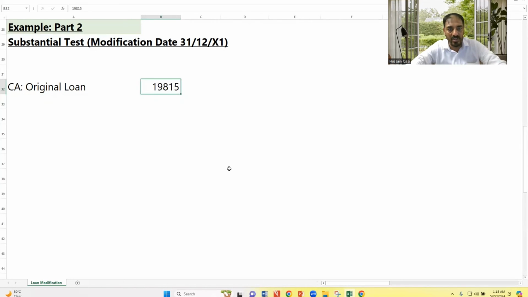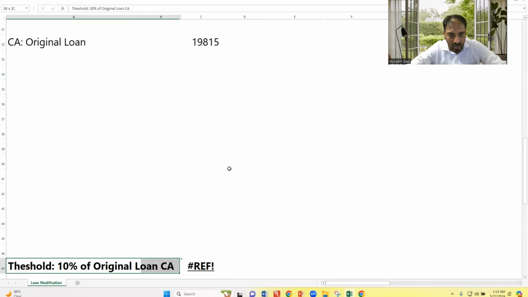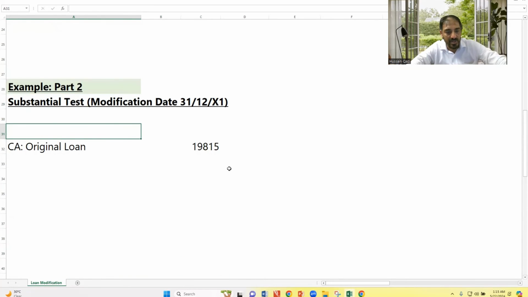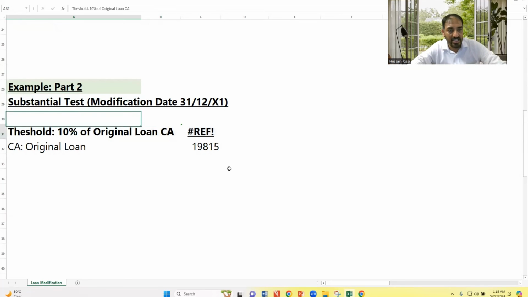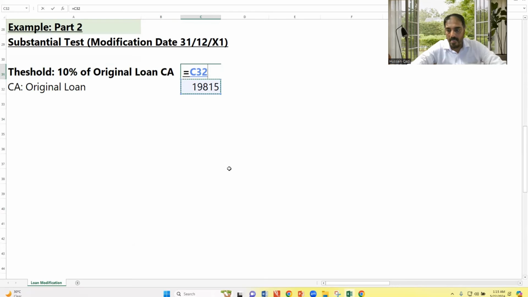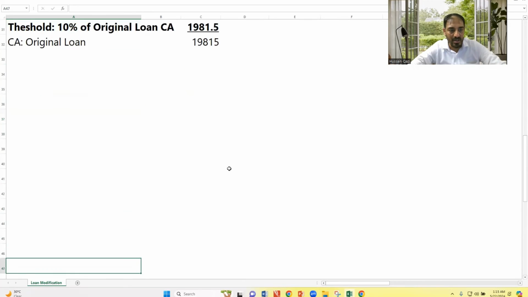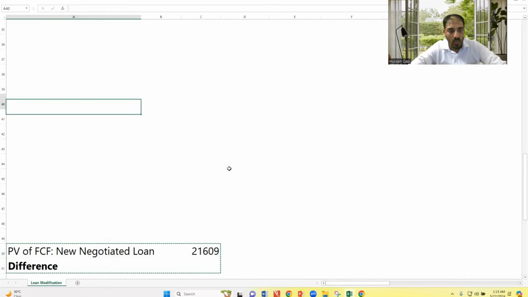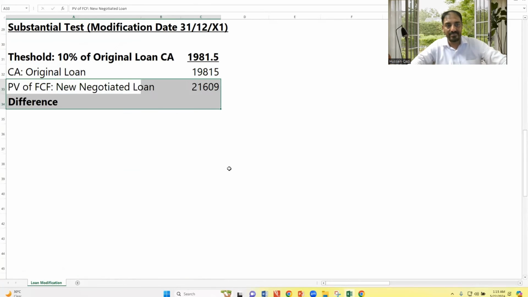If the carrying amount of the loan is still the same, the threshold of 10% is still the same, that is 1981.5. Now it's time to compare the carrying amount with the present value of cash flows of the newly negotiated loan.